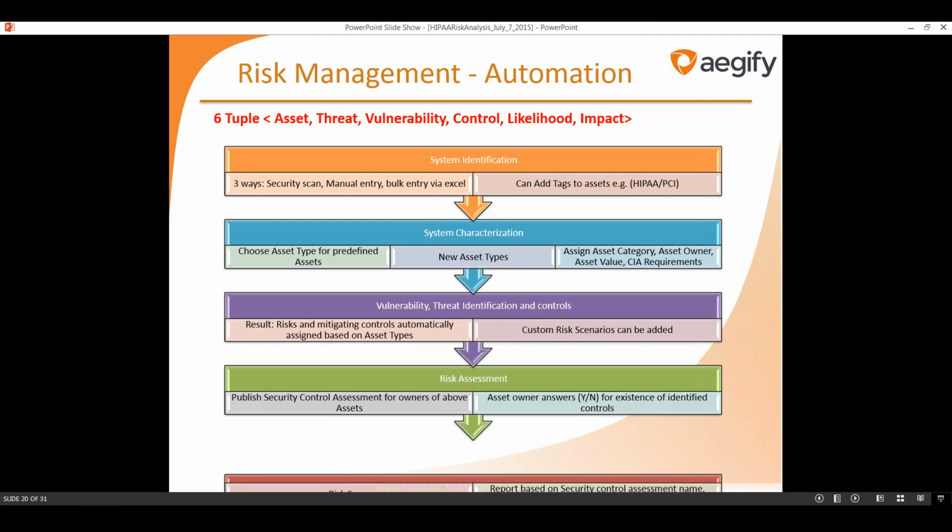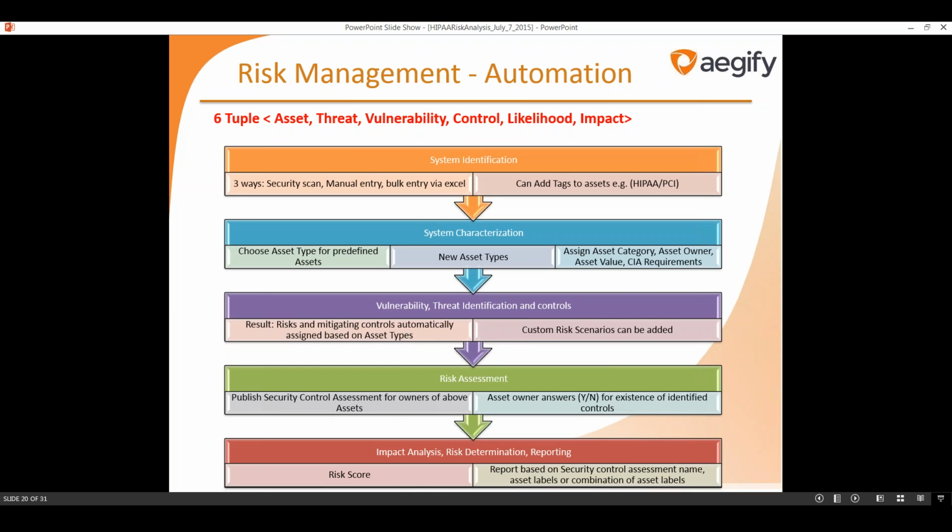I won't go through the details, but suffice it to say that we have automated the process as much as you can, which is a big leap from the manual state of affairs that's out there in the industry. The purpose here is to come up with a risk score, a risk exposure that's a true reflection of the actual risk that the organization has. And then you can automate the process by repeating it as frequently as you want.